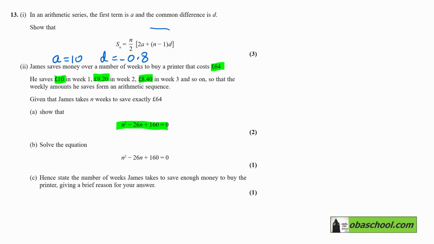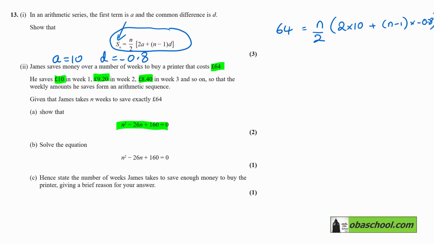So we can use the Sn formula. We know that the sum he wants to save is 64. It's going to take n weeks, and we're going to get n over 2 times (2 times 10 plus (n minus 1) times negative 0.8).